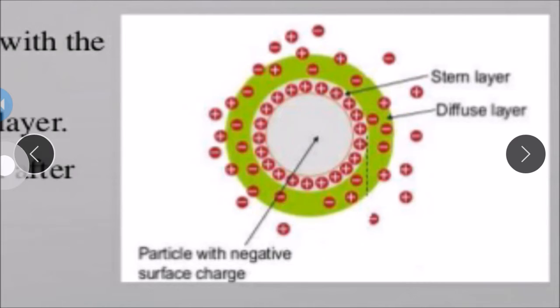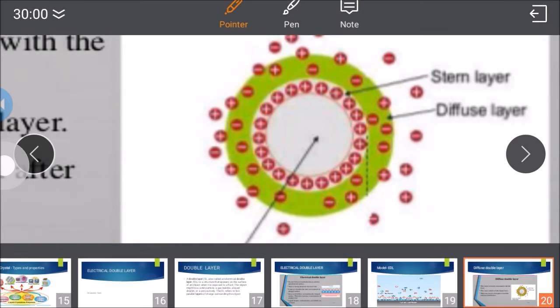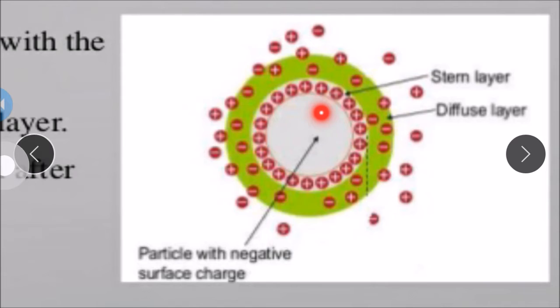Okay, so here is a particle with a negative surface charge. This white material is negatively charged, though it is not indicated with the charge. So the negatively charged material is attracting the positively charged ions.